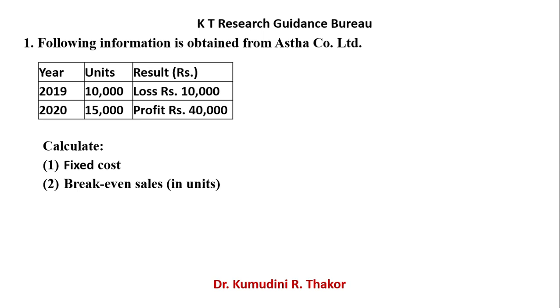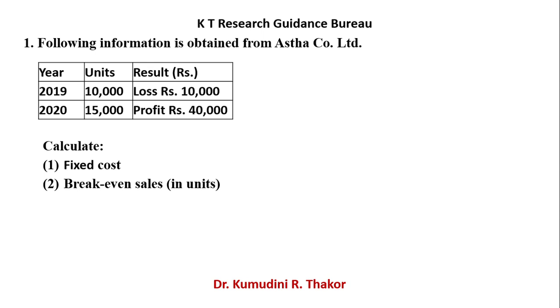If you want to find out fixed cost in these types of data, then first of all you have to find out the PV ratio, and with the help of PV ratio, you can find out sales. Two years particulars are given. In that, first year sales was 10,000 and next year 15,000. So sales increased by 5,000 rupees.